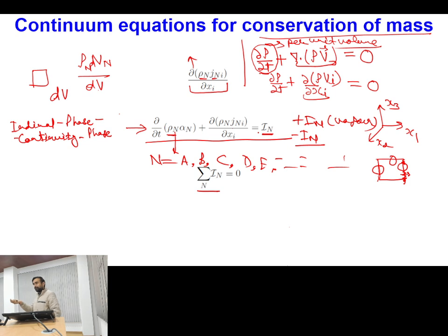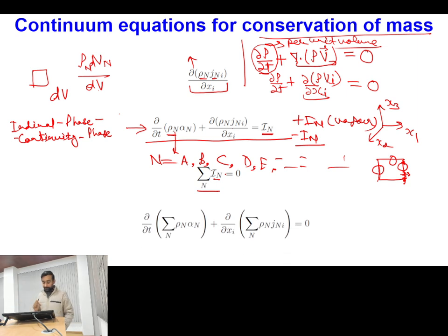Of course, that vapor bubble is coming from the surrounding liquid phase, so that liquid phase will be losing the mass. In that sense, if I take the sum of all interaction terms for n phases, then that sum should be equal to 0. Is this point clear? So the sum of the mass interaction terms has to be equal to 0.